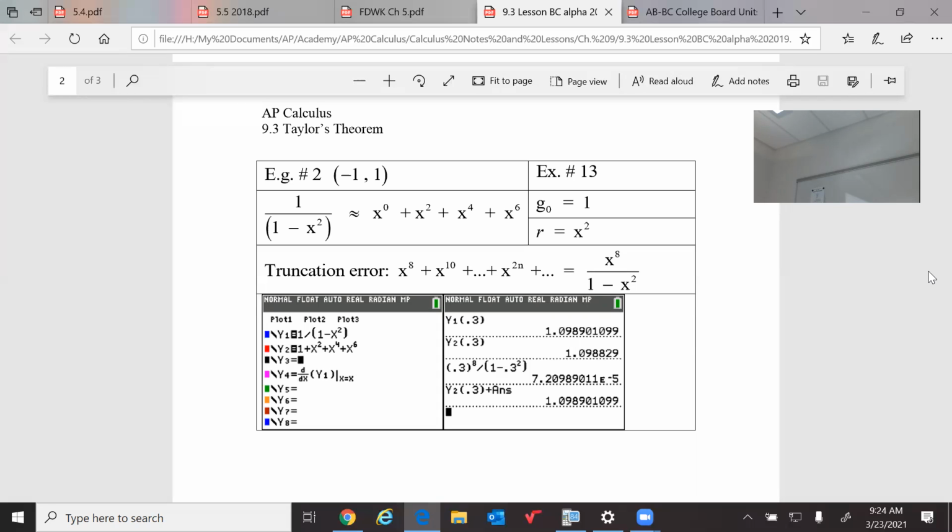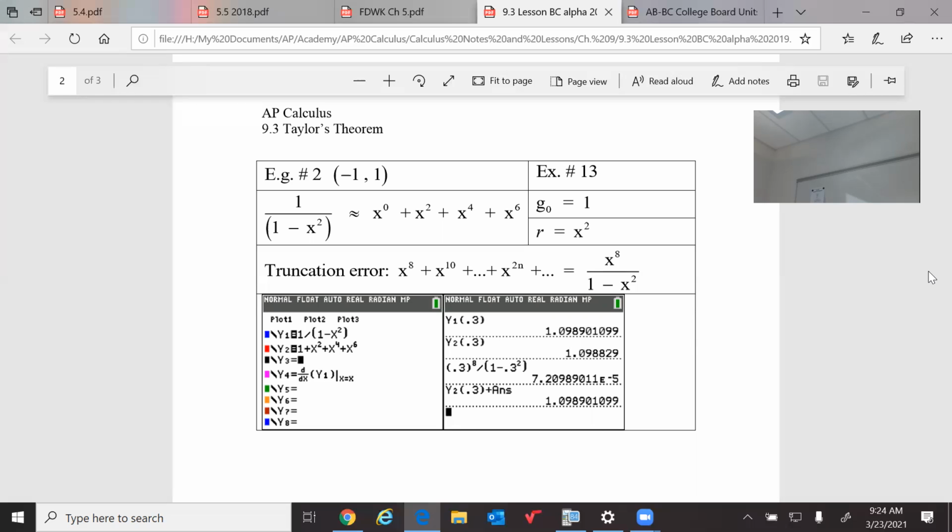So the first term is a 1, which we wrote as x to the 0. The constant multiplier is x squared. So you'd have 1 times x squared. X squared times itself is x to the 4th, times x squared gives you x to the 6th. That is the 6th order series.